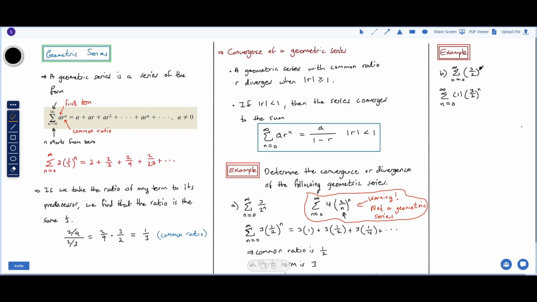If you set n equals 0, what's the first value that you get? You get 1. So if we plug in a couple of values for n, when n is 0, we get 1. When n is 1, we get 3 over 2. When n is 2, we get 9 over 4.